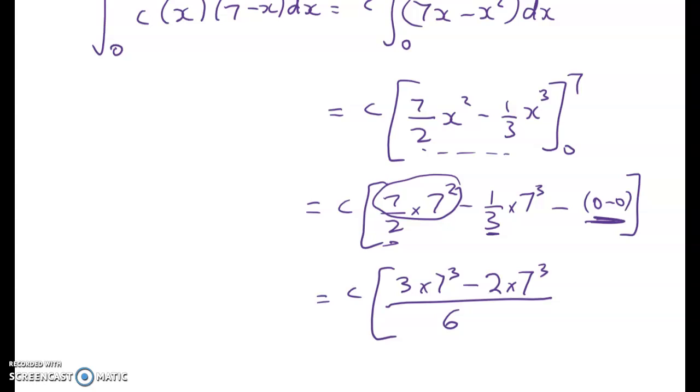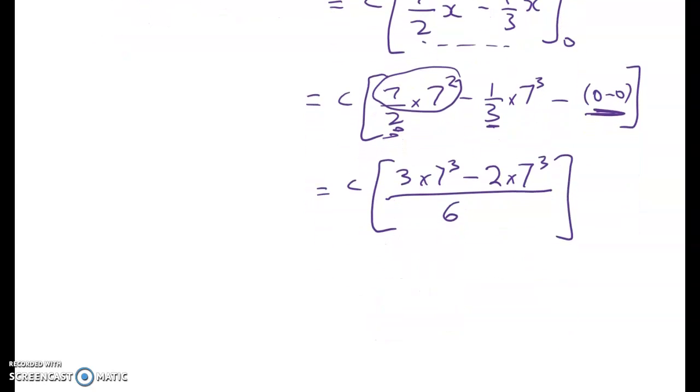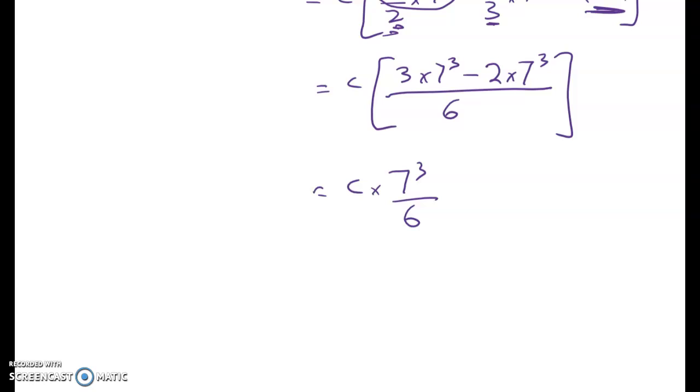That's just year 9 fractions with worse numbers. So that equals C times 7 cubed over 6, and 7 cubed is 343. So we've got 343 over 6 times C. Well, what do we know? That area has to equal 1.